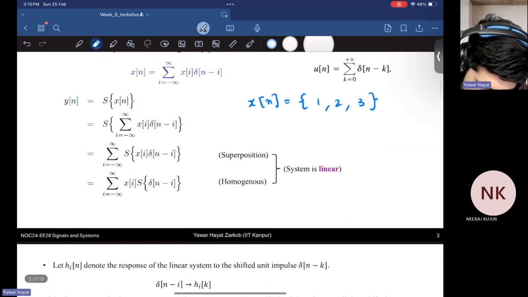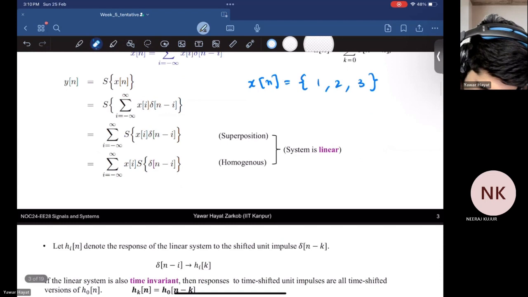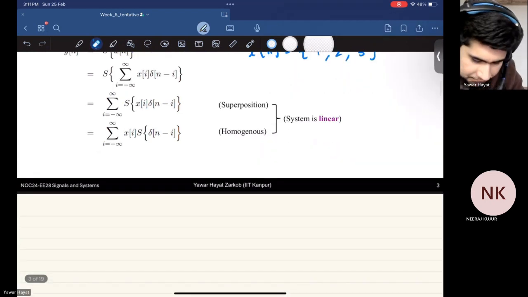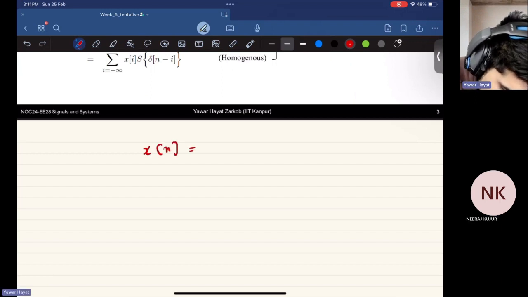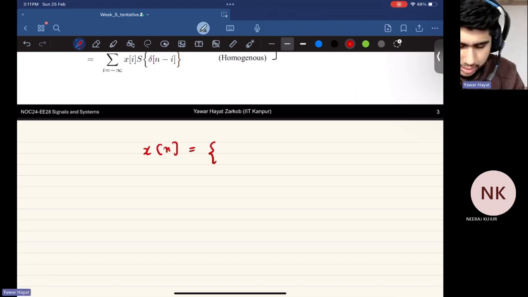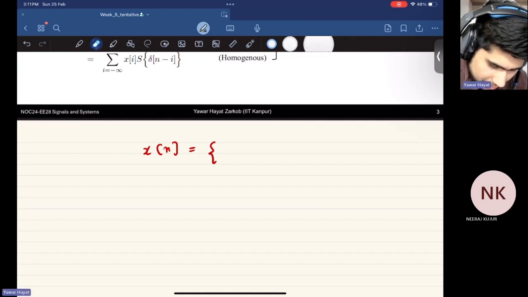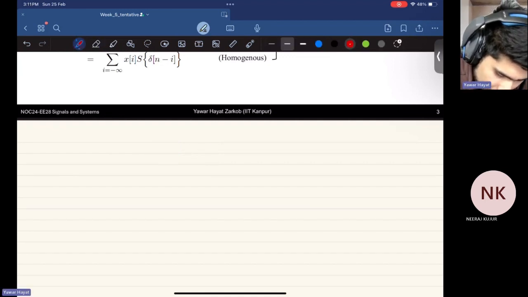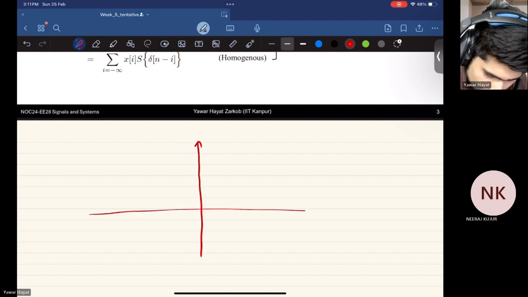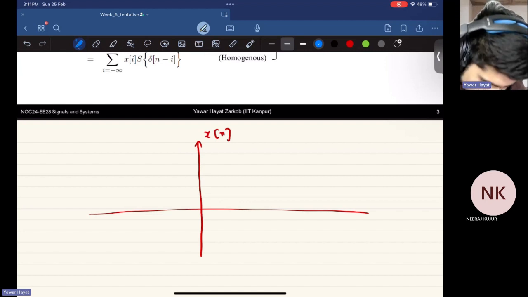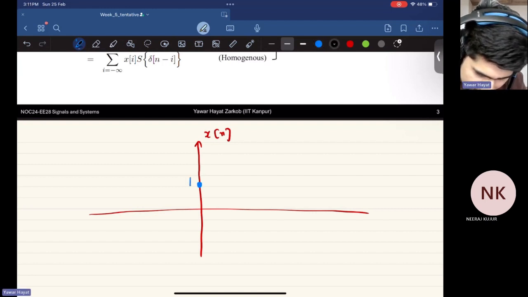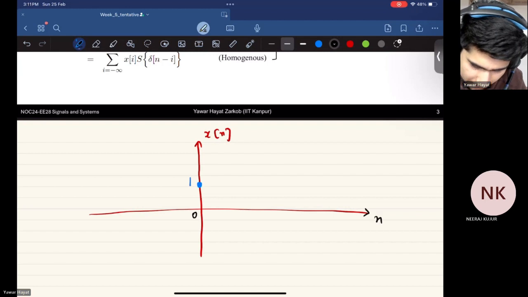Let me instead take an example and show it graphically. Suppose this is my x of n, and x of n takes the value 1 at n equals 0.